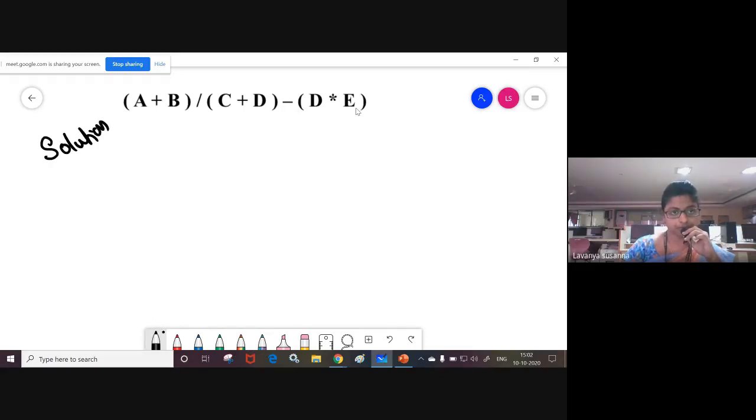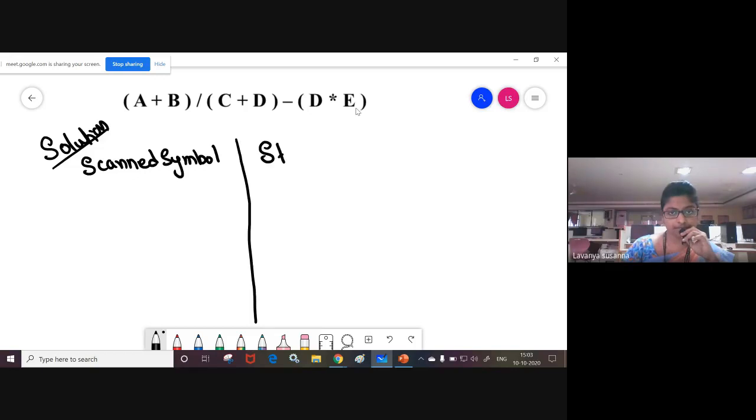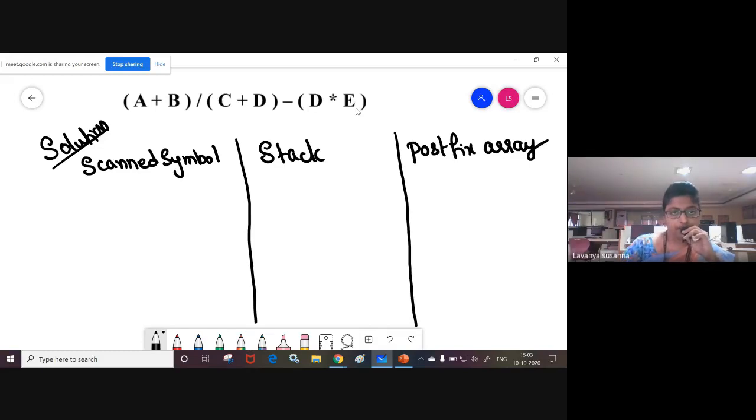First column is scanned symbol. Next column is stack. And the third column is postfix, the postfix array. This is the output. Here you are going to convert this infix expression to postfix expression.